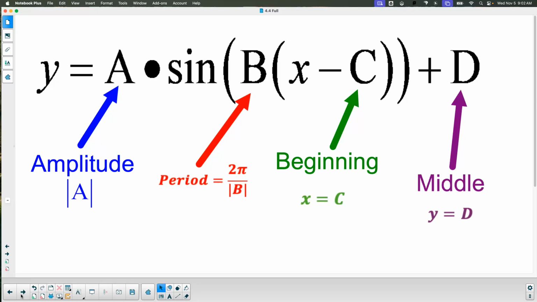What does A control? Amplitude. So it kind of stretches it out vertically. Okay? All right? What else does A control?